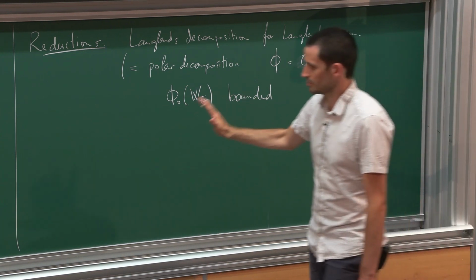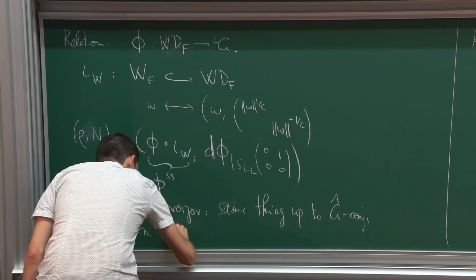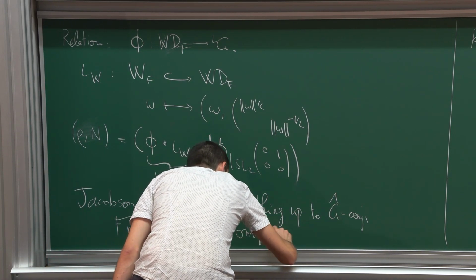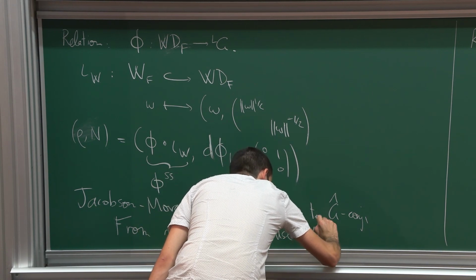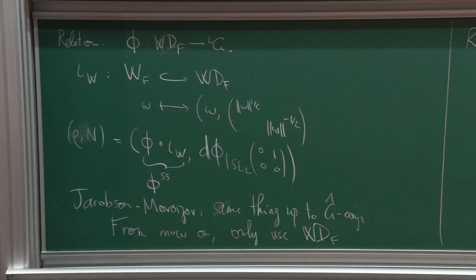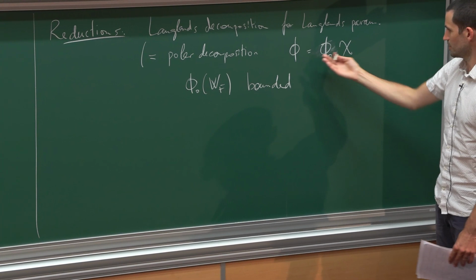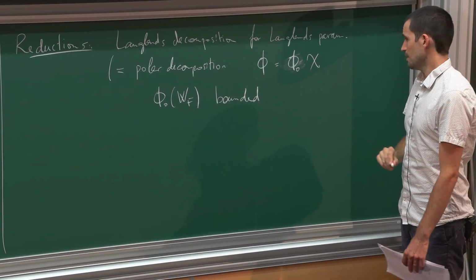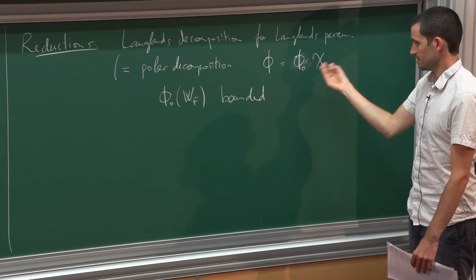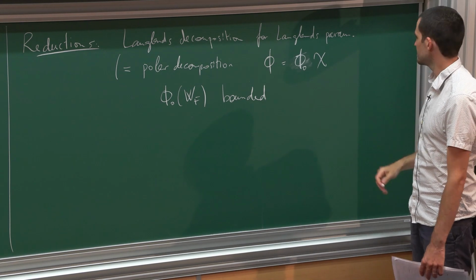Yeah, sorry, so maybe just to be explicit, from now on we only use WD, so the version with SL2. Okay, so yeah, you have a kind of polar decomposition where you just write a parameter canonically as the product of something bounded and something positive real valued in some sense.